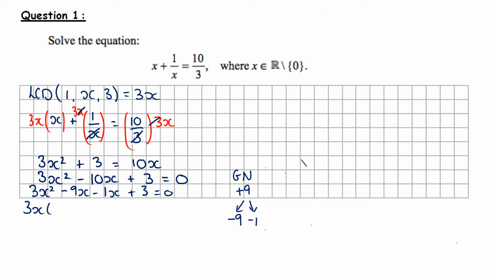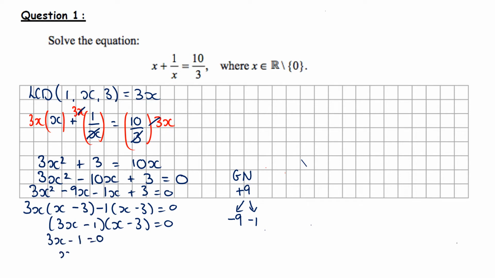Take out a 3x that's common, we get x minus 3. Take out a minus 1 and we get x minus 3. We're left with 3x minus 1, x minus 3 equals 0. Solving that, 3x minus 1 equals 0, so x equals a third. And x minus 3 equals 0, so x equals 3.